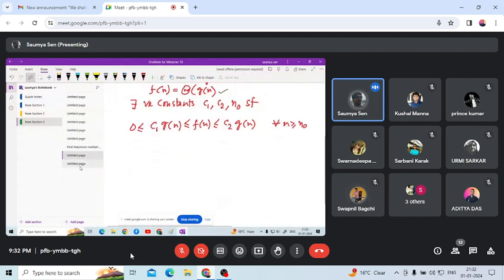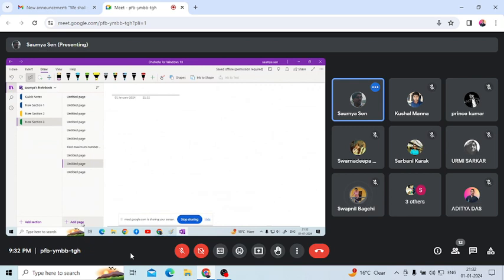So with this definition, I move on to another recurrence form, which is interesting.